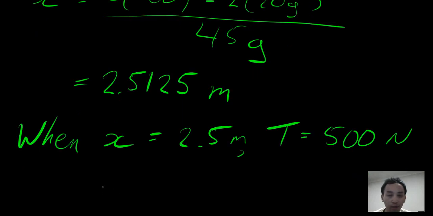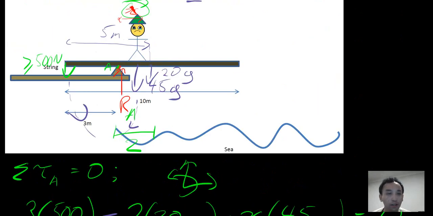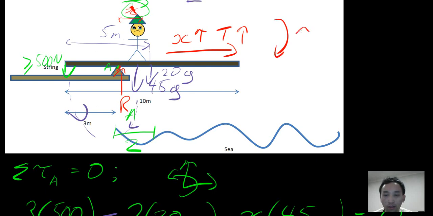Okay, so what happens when x is greater than 2.5? As Peter walks more and more to the right, towards the tip, when x increases, so does the value of T, because the clockwise torque would increase. And if you want this system to stay in equilibrium, then the tensile force would also need to increase.